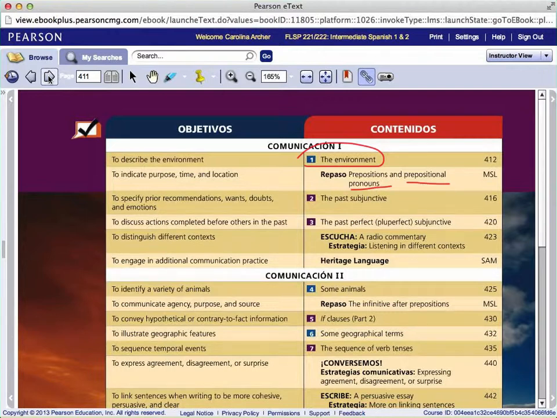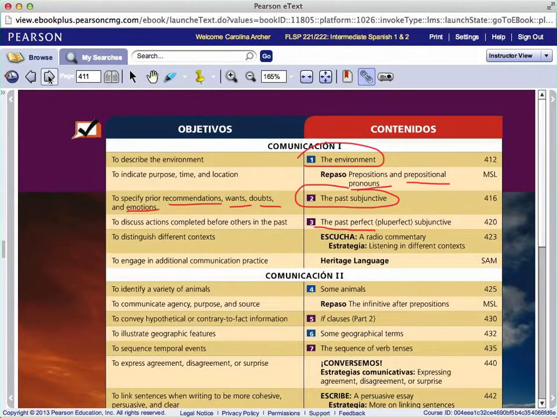We are going to start with the past subjunctive, which is also to express recommendations and wants and doubts and emotions, but in the past. To talk about what we recommended or wanted or doubted in the past.